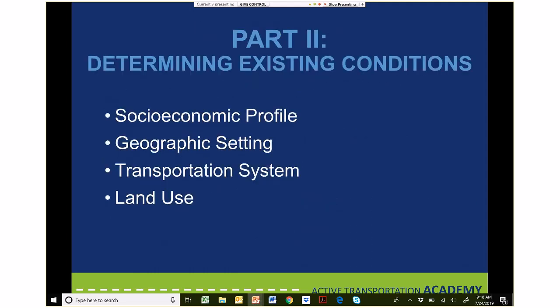So after we've understood why we are talking about active transportation in a rural context, we then go into determining what your existing conditions are in your rural community for active transportation. So we take a look at socioeconomics, geography, the transportation system, and then again, land use.